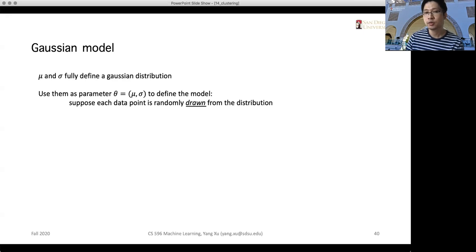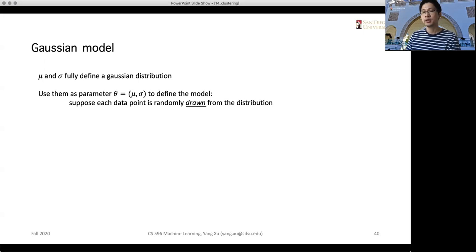Okay, so a parameter is unknown at the beginning, right? A parameter is something that we want to obtain through training, through observing a huge amount of data, and from these data we can have some estimates for the parameters mu and sigma.